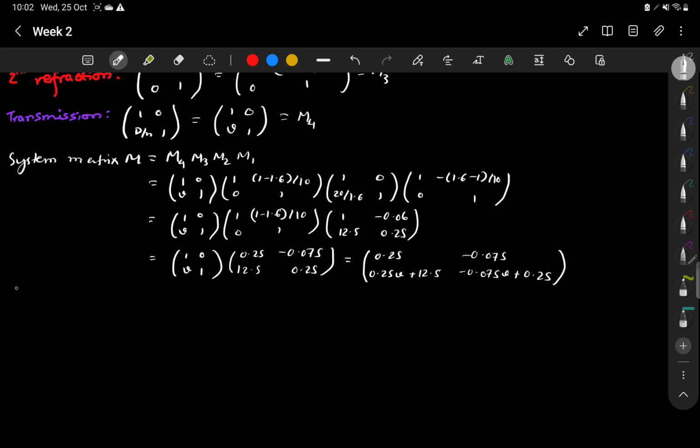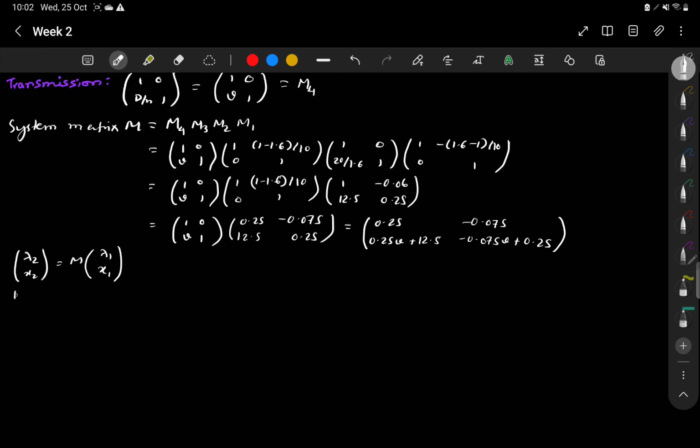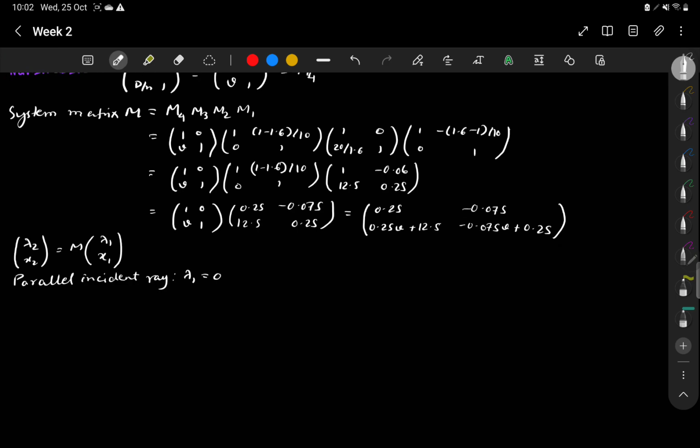Now we know that the output slope and height is M times the input slope and height, and for parallel incident rays the slope will be 0. And when we are at the focal plane, the height would be 0.